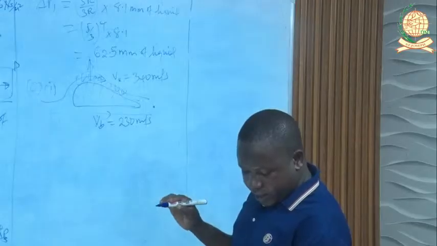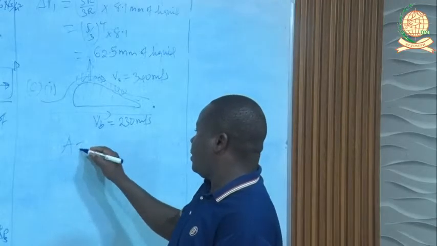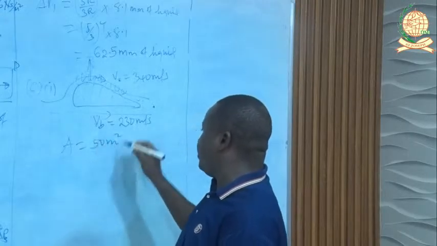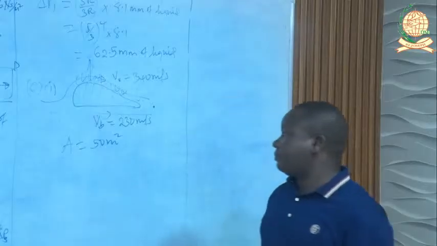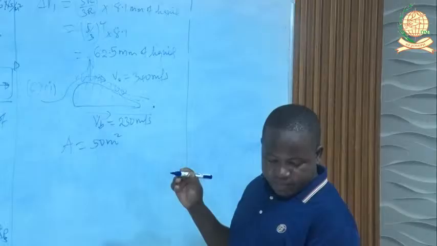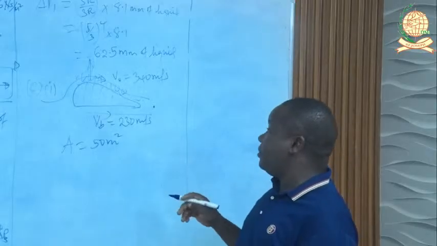If the total wing area equals 50 meters squared, then the question is to determine the lifting force.